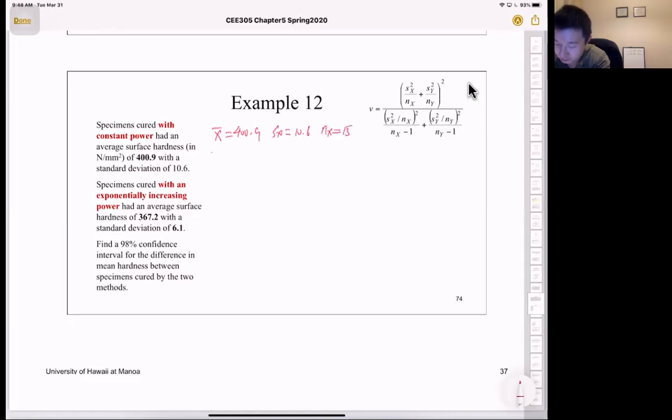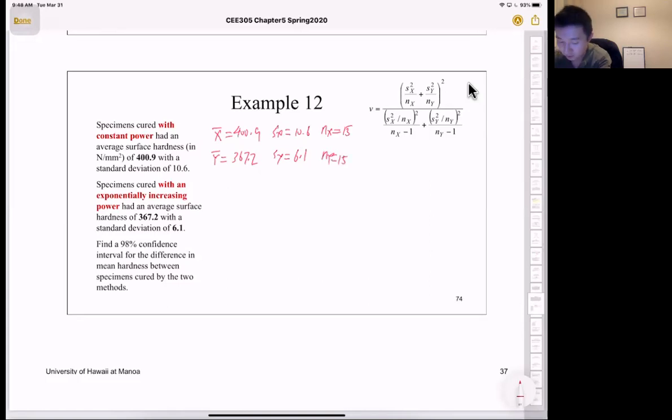Similarly for the other sample Y, the mean is 367.2, the sample standard deviation Sy is 6.1, and the sample size ny is also 15.